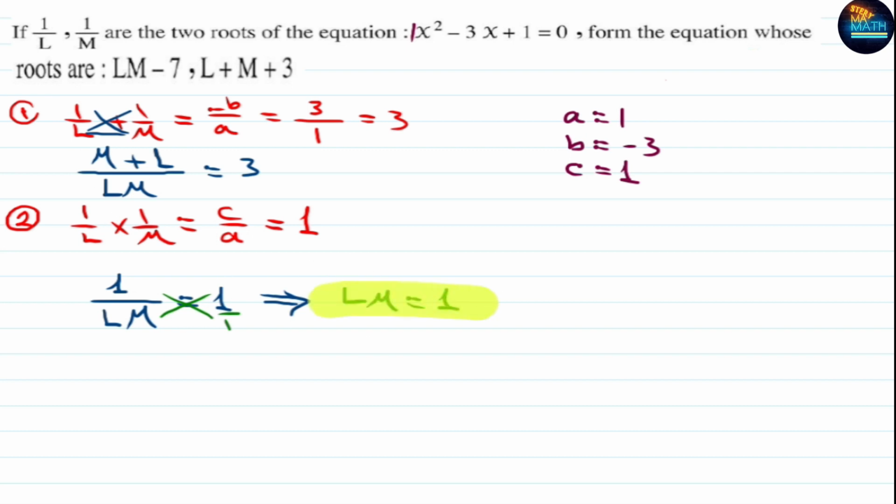Now, you have the product, but so far, you don't have M plus L or L plus M. So go back to the first equation and substitute LM with 1. So L plus M divided by LM, which is 1, from the second equation, is equal to 3.